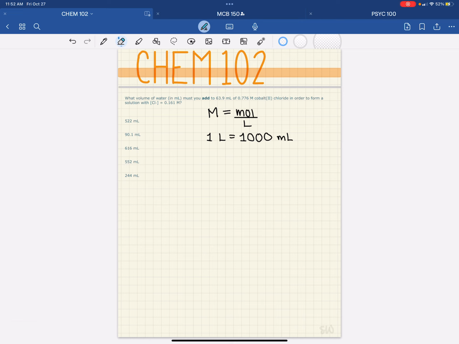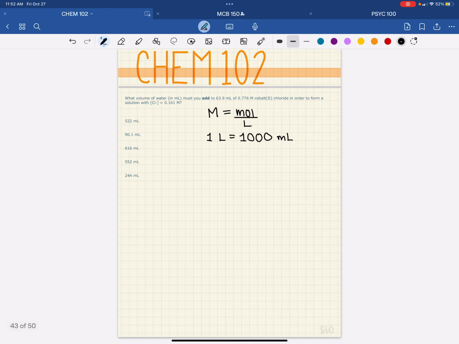What volume of water in milliliters must you add to 63.9 milliliters of 0.776 molar cobalt chloride in order to form a solution with chloride minus ions with a concentration of 0.161 molar?